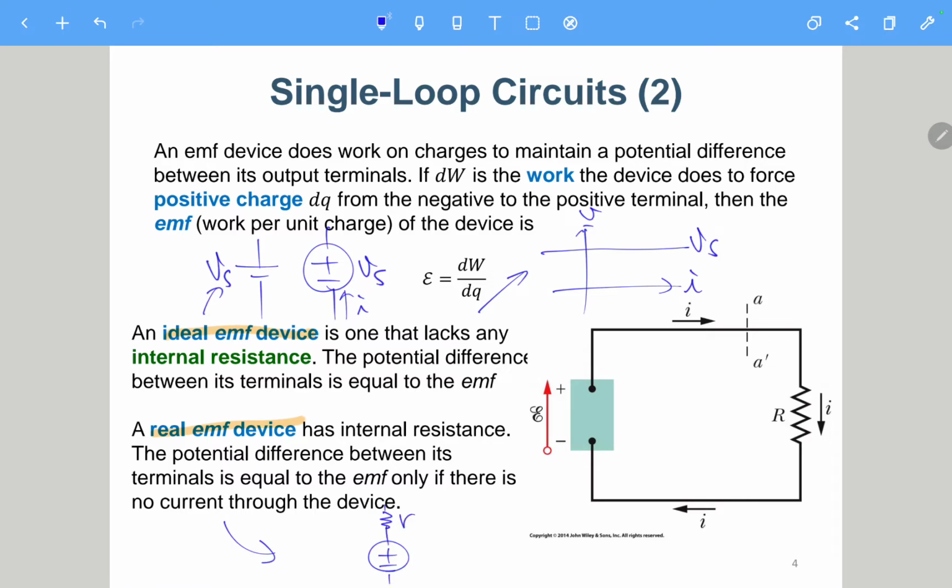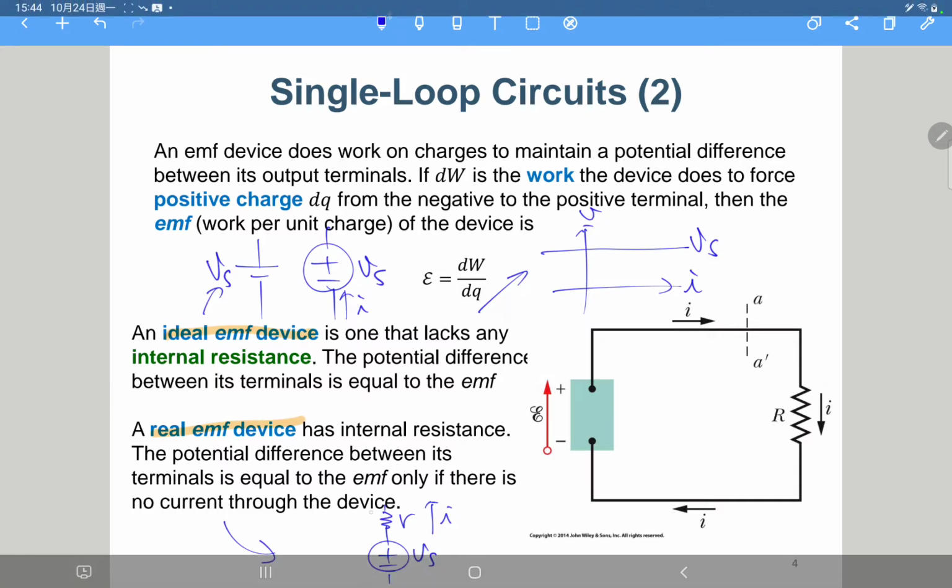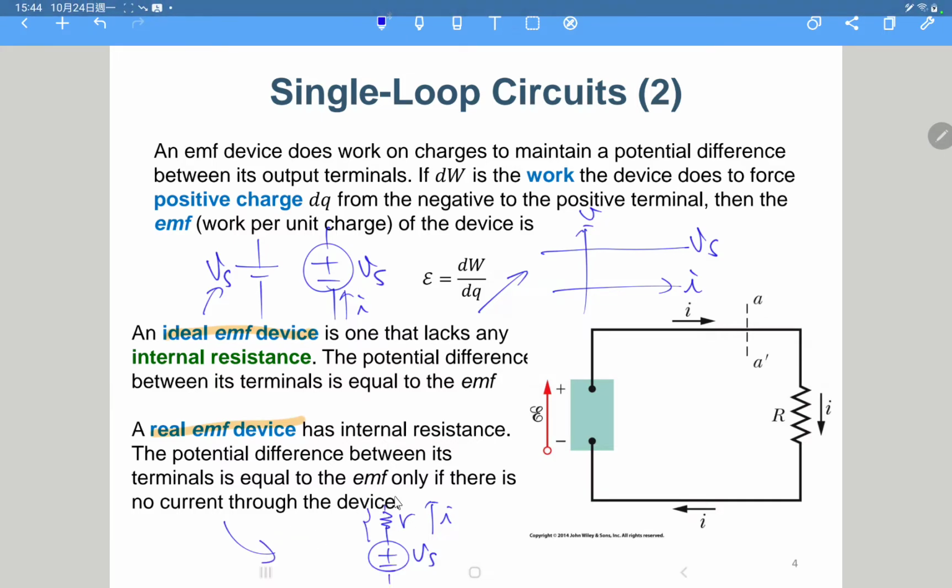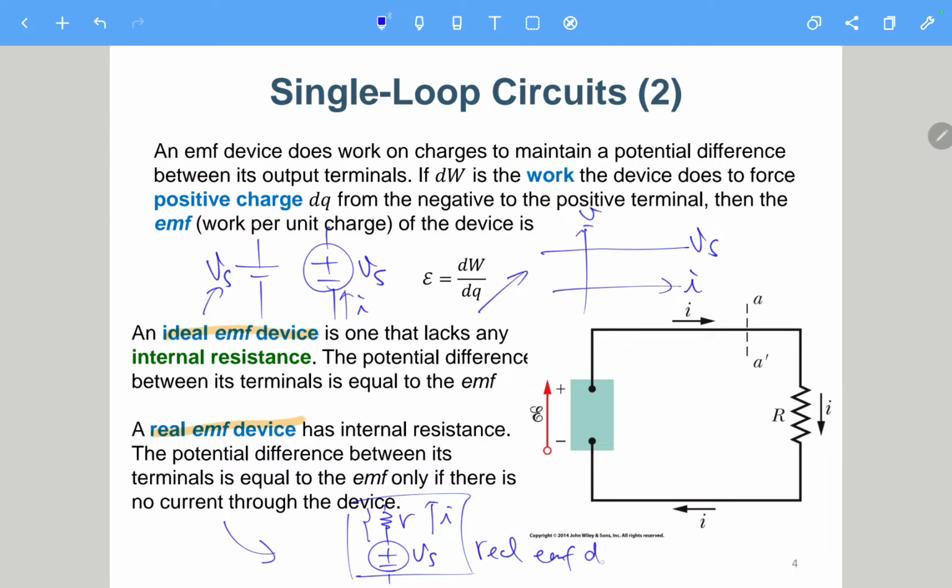It is something like this, which means that if I is larger, there will be more voltage drop across the internal resistance. This whole thing we consider the real EMF device.